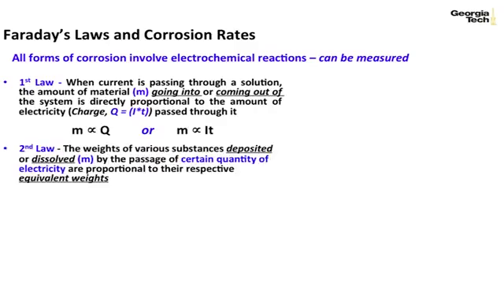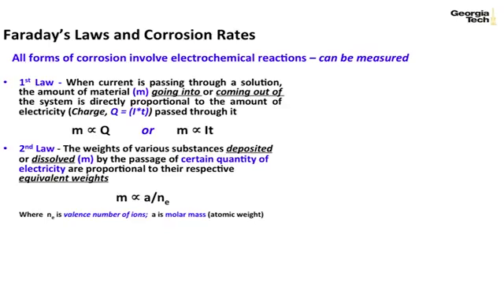The second law of Faraday relates the weight lost in corrosion to the equivalent weight. If a certain quantity of electricity is passing through the cell, the mass lost will vary depending upon equivalent weight, which is basically atomic weight divided by the number of electrons involved in the reaction.